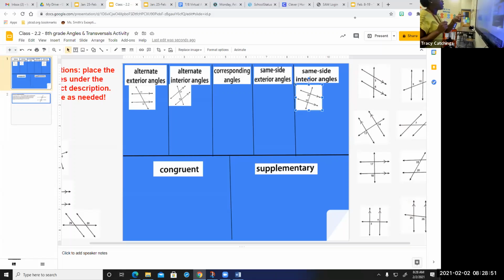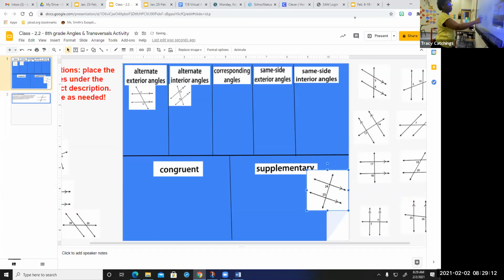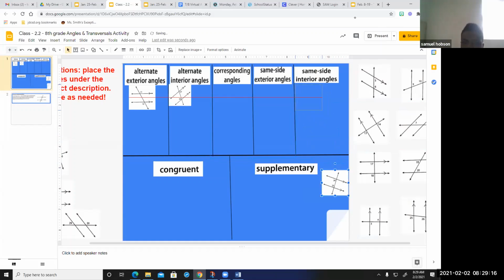Are they in the same position, Mariah? They're not corresponding, but it's something else we said about same side interior angles. Supplementary. They can also be supplementary because they add up to 180. So you can either put 24 and 23 with supplementary, or you can keep it with same side interior.